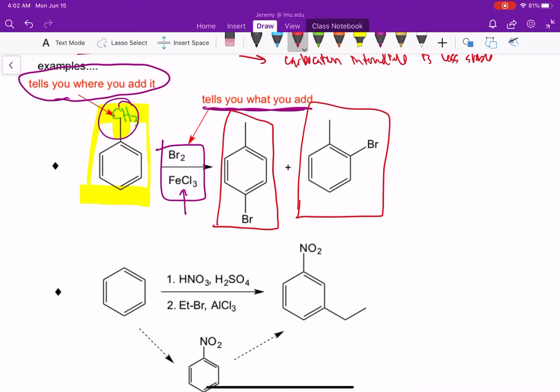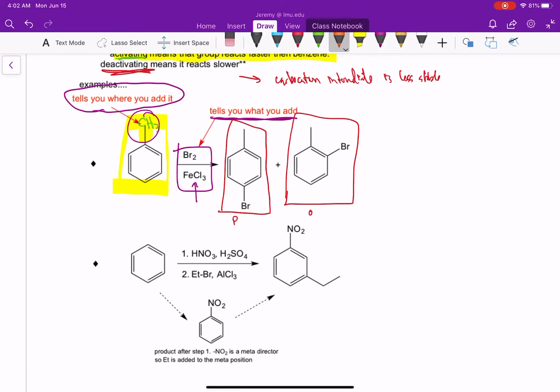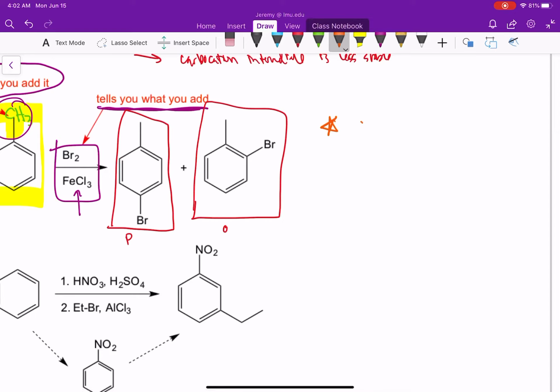Okay, we're generally going to be forming two compounds here. We're going to be forming para-bromo-toluene or ortho-bromo-toluene. Okay, and in my class, just to make things a little bit simpler, when I ask this, usually para is the major product formed. So usually you form a little more of the para product versus the ortho.